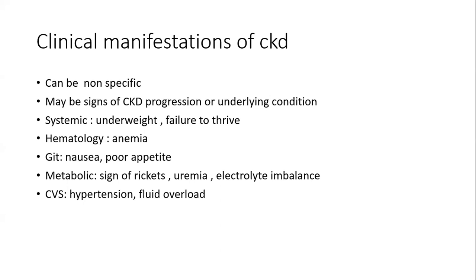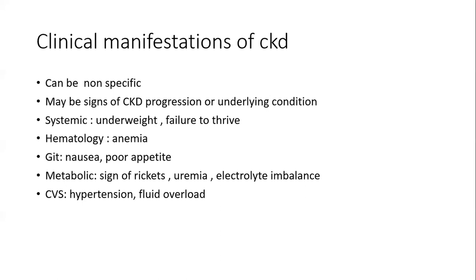On systemic examination, if the child is underweight or failing to thrive, you can find hematological signs, such as anemia. If you check the blood, you can find anemia, usually normocytic, normochromic in chronic kidney disease. In the GIT, you can have nausea and poor appetite. Usually those are signs associated with uremia.